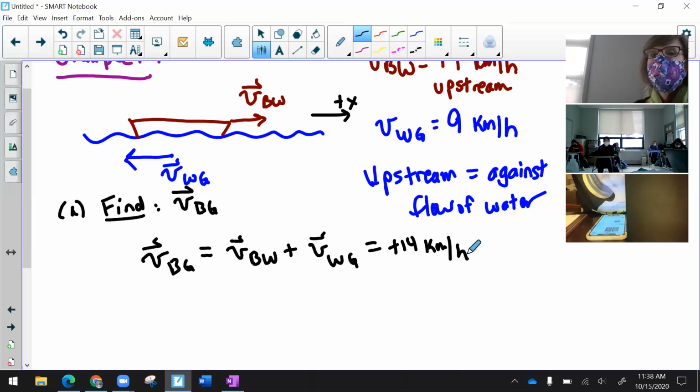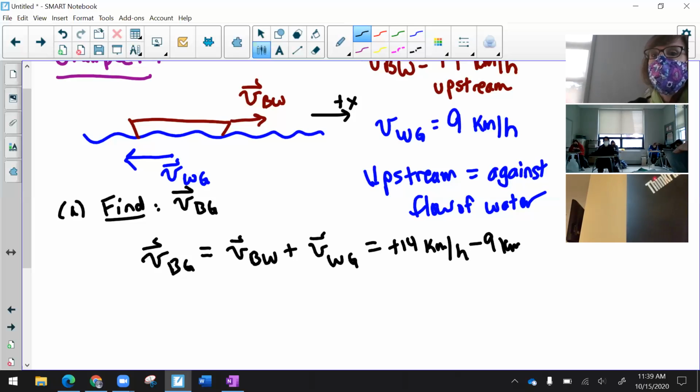Okay. And then what's the velocity of the water with respect to the ground? Kilometers per hour, right? So what are we going to get? Positive 5 kilometers per hour.